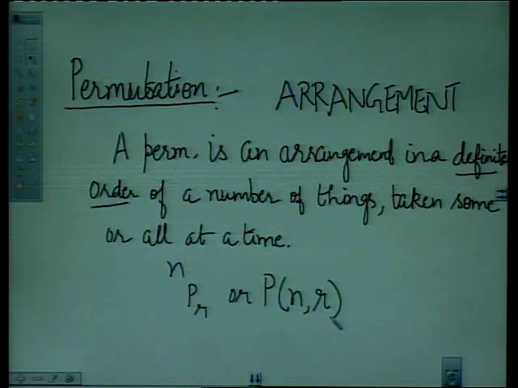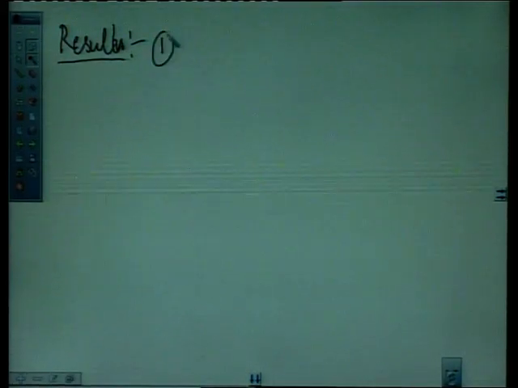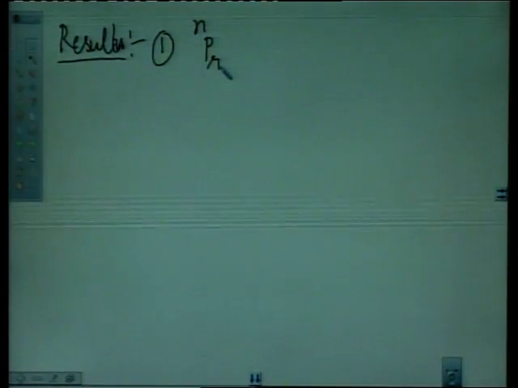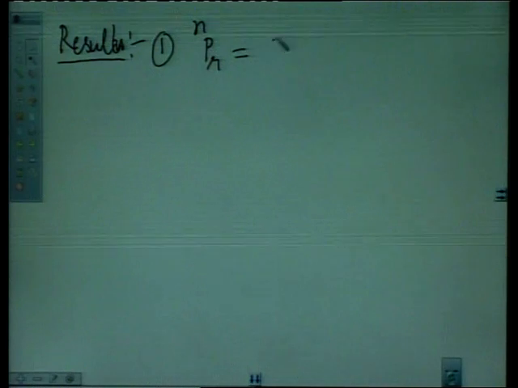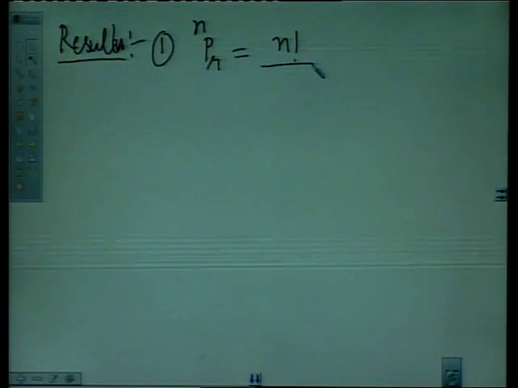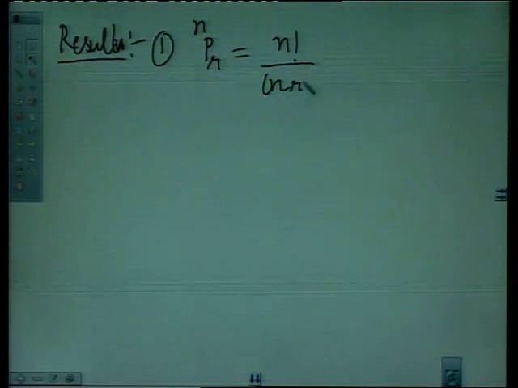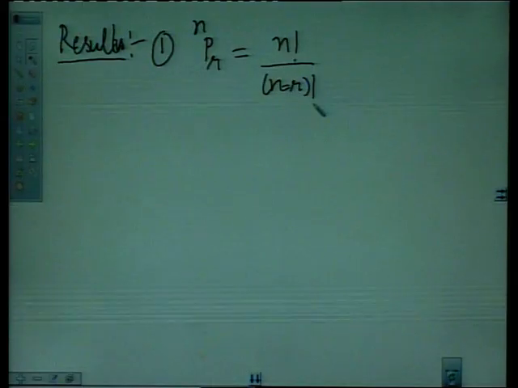Now, let us write some results that are going to be used in our questions. First result: the value of nPr is equal to n factorial over n minus r factorial.